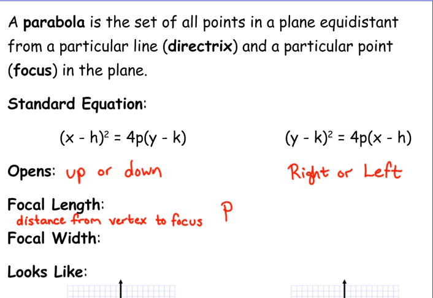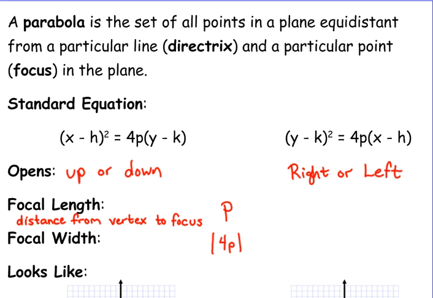The focal width is the absolute value of 4 times p. So the width is always going to be wider than the length. The width is always going to be greater than the length. It's 4 times p, not just the p.